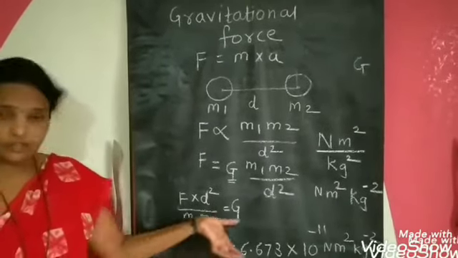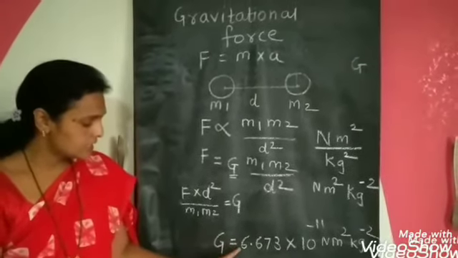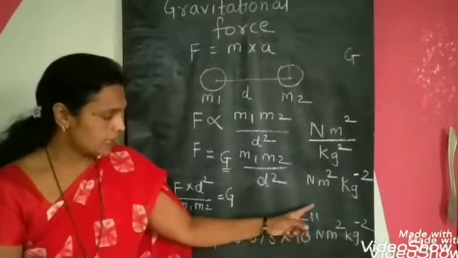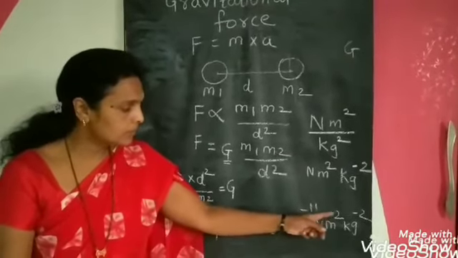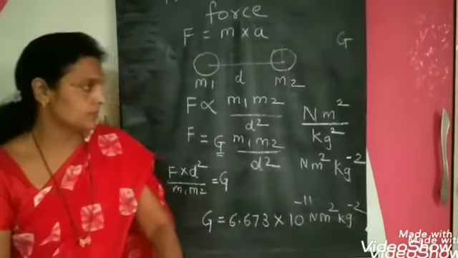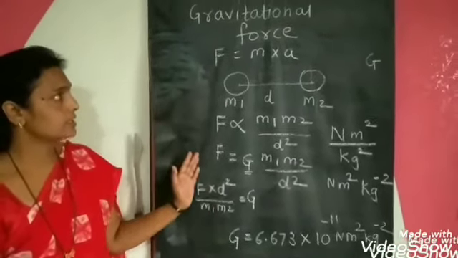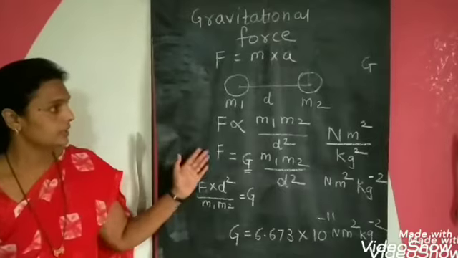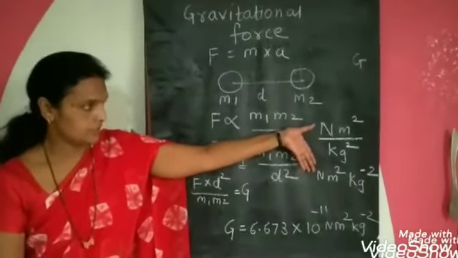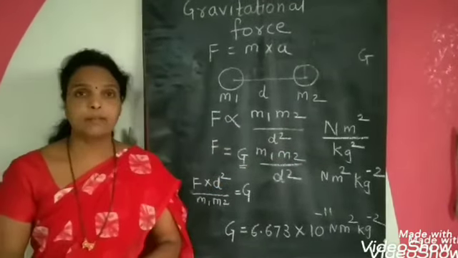Means, again we will read this. The gravitation value is 6.673 into 10 raised to minus 11 Newton meter square kg to the power minus 2. So here we finish gravitational force, and the unit of the gravitational force is this one. Now next point we will start Kepler's laws.